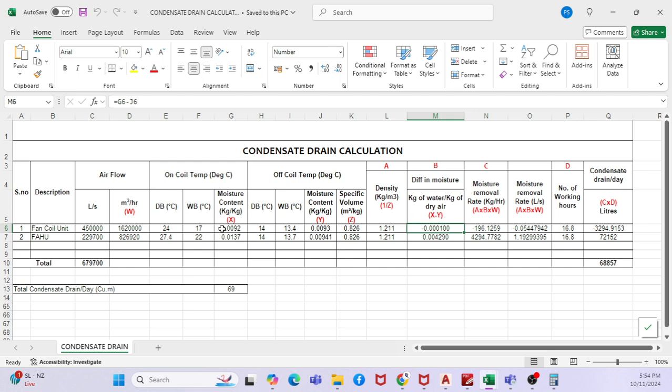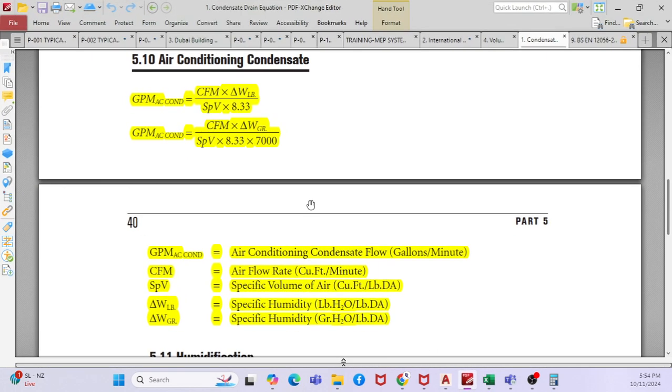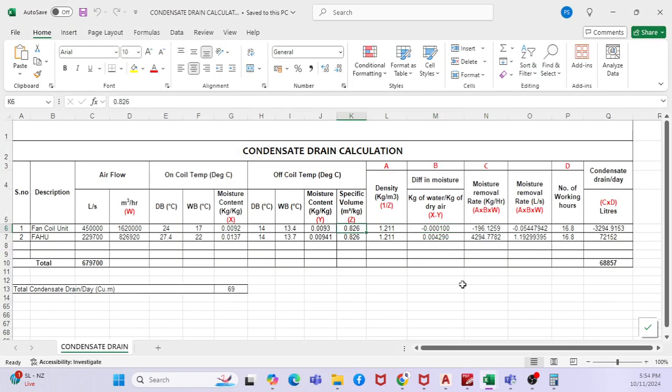So now what is the equation? Next, divide by specific volume. The specific volume we got from the psychrometric chart. When I apply this equation, I will get the total moisture removal, in kg per hour, or I can calculate moisture removal in liter per second. How will I calculate?